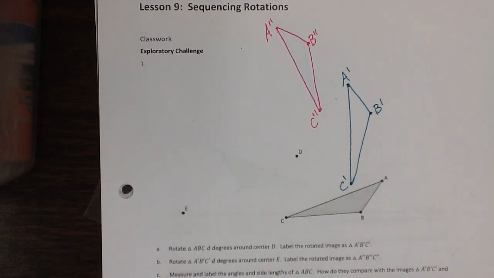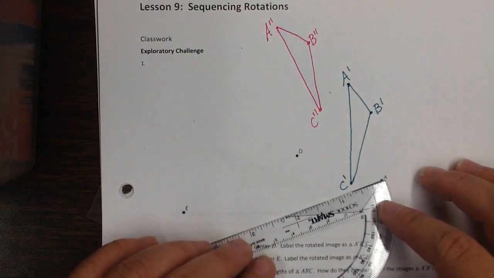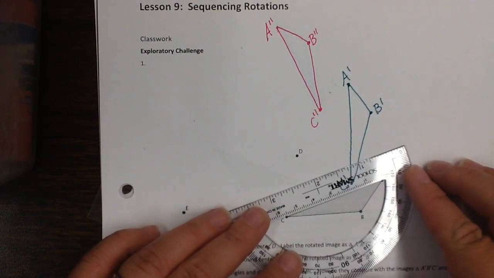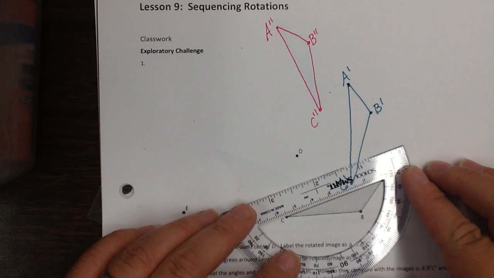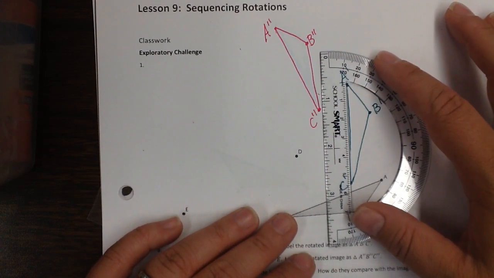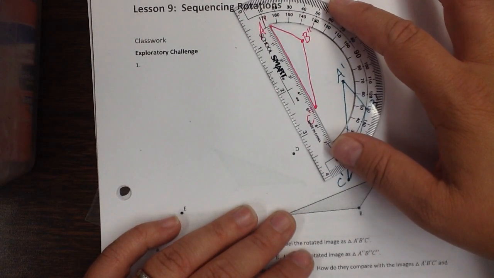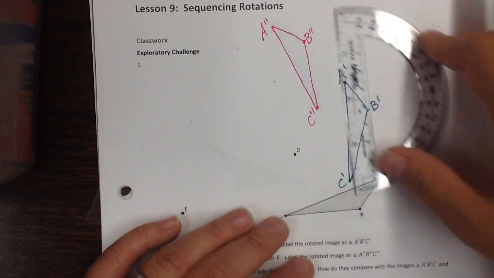Okay. So I'm going to just measure it real quick for you. I'm going to use this protractor. So I'm going to use the centimeters. 5.5, 5.5, 5.5 roughly.